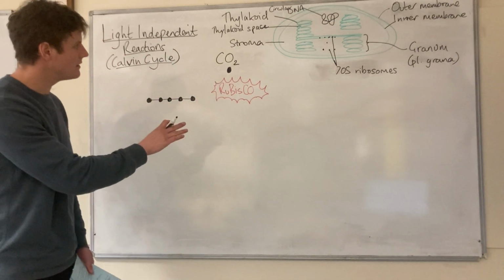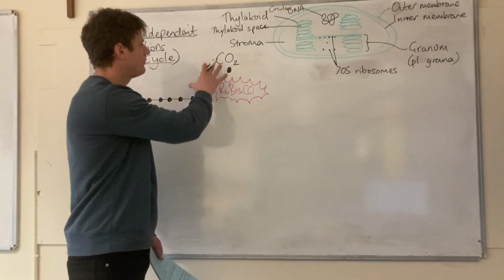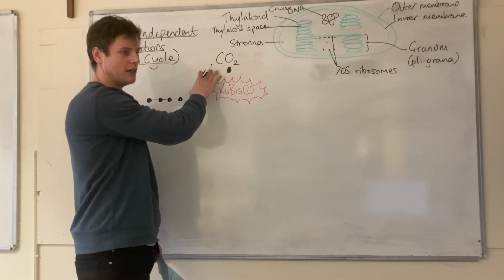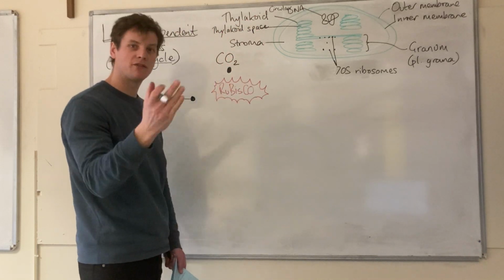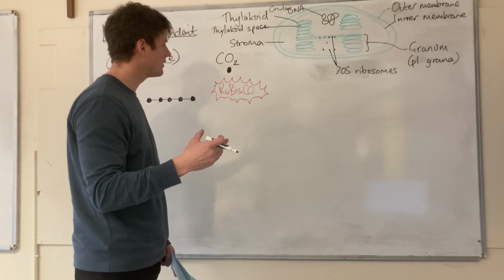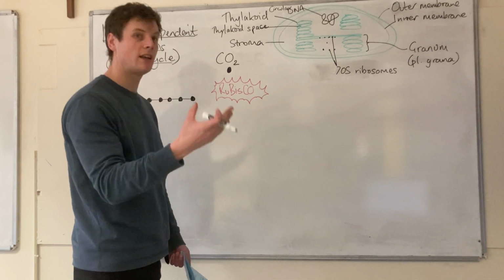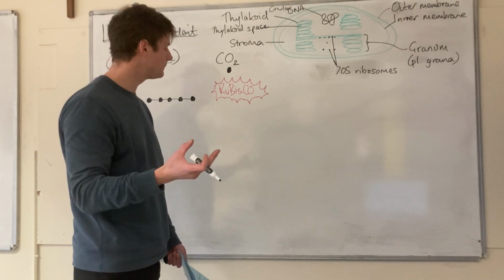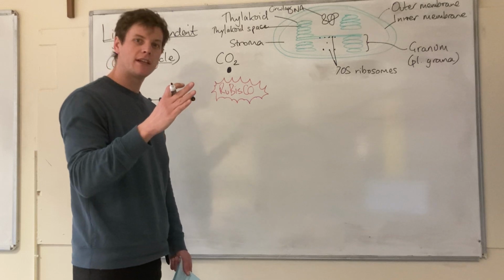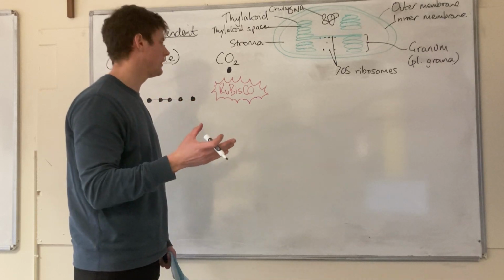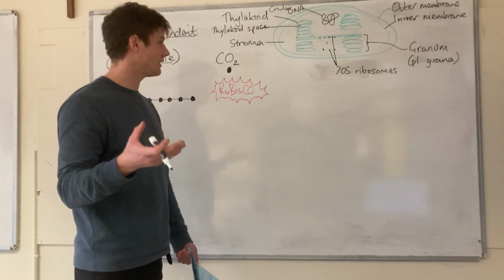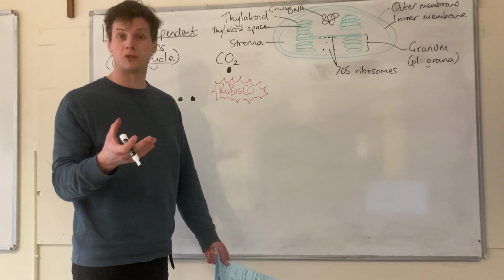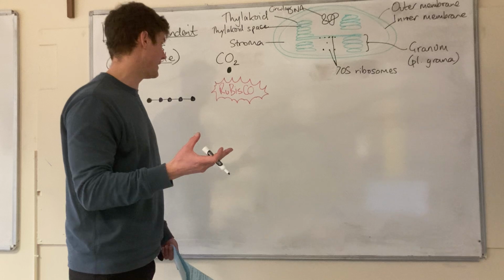So we begin by thinking about how that carbon dioxide gets in. It's in the atmosphere, and it diffuses down into the leaf via the stomata, through the spaces in the spongy mesophyll until it reaches one of the mesophyll cells, most often the palisade mesophyll cells.